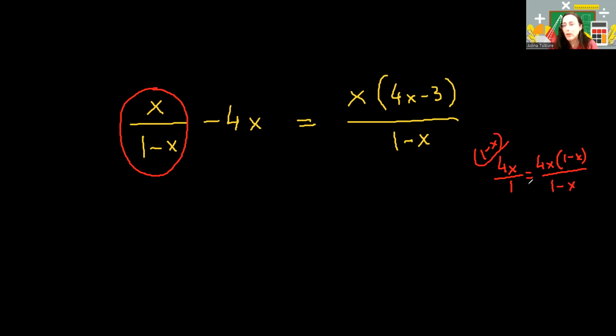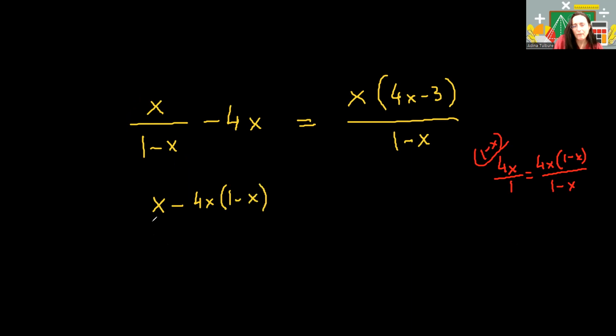Okay, so because I did that, I can actually take them away now. So I am going to do exactly that. I'm going to take them away in this manner. x, take away whatever I have here: 4x times 1 minus x, everything over 1 minus x.